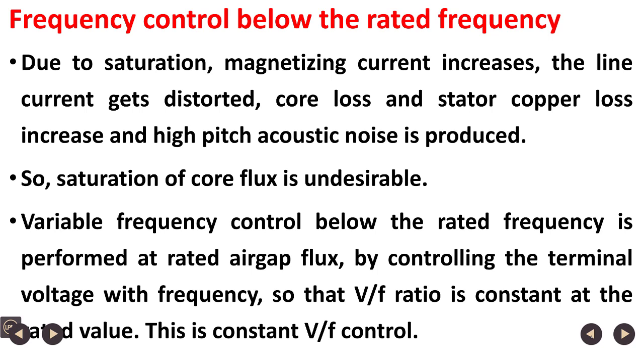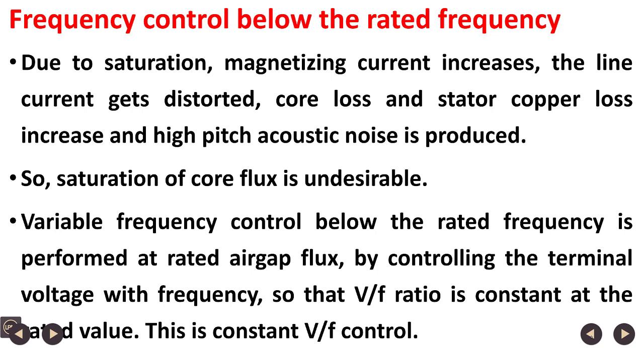Obviously, with saturation it draws more current, magnetizing current increases, the line current increases, and the line current gets distorted because of the nonlinear nature of the BH curve. It becomes non-sinusoidal. Core loss increases, stator copper loss increases, because stator current also increases, and high pitch acoustic noise is produced. So, saturation of core flux is undesirable.